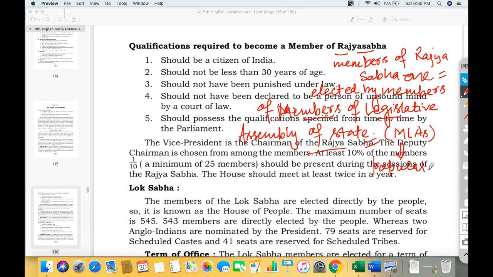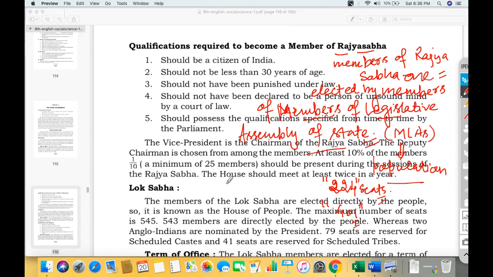So this is fixed. Like in Karnataka, how many seats do we have? We have 224 seats, I think. Just check it once, it is 224 or 229. In UP, this is 401, that's for sure.